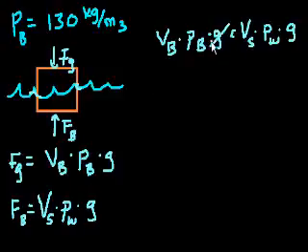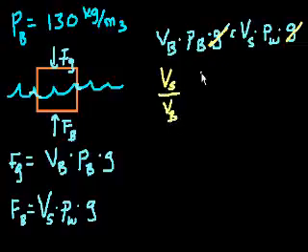Let me switch colors to ease the monotony. And then let's see what happens if we divide both sides by the volume of the balsa wood. I'm just rearranging this equation. I think you'll figure it out. You get the volume submerged divided by the volume of the balsa wood, right?